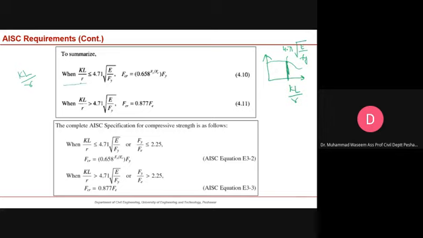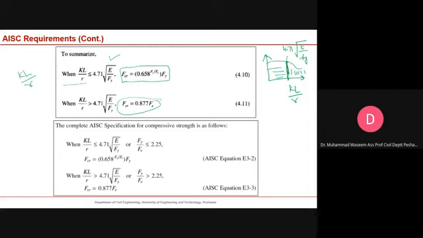If the KL by r value is less than or equal to this value, it means that you are in the inelastic range, and you should use this empirical equation. And if KL over r is greater than this point, it means that you are in the elastic region. Then you will use this equation.